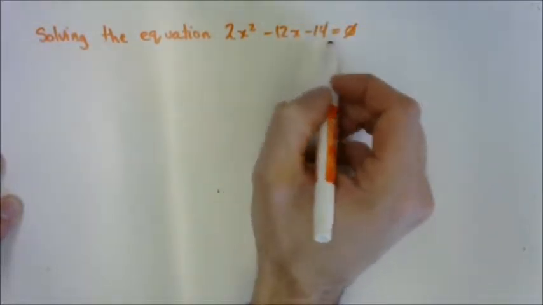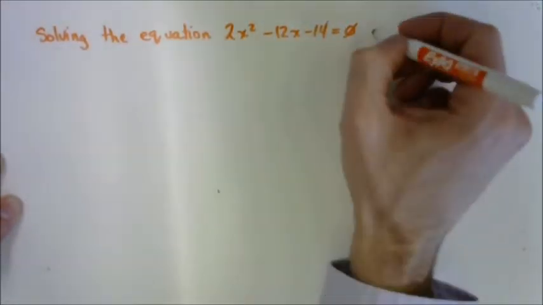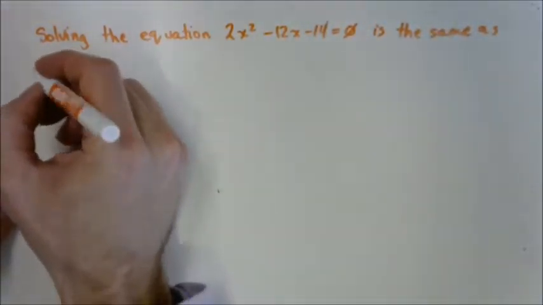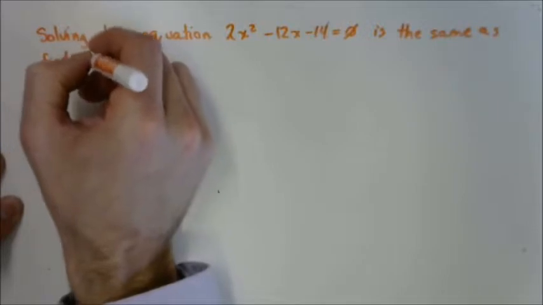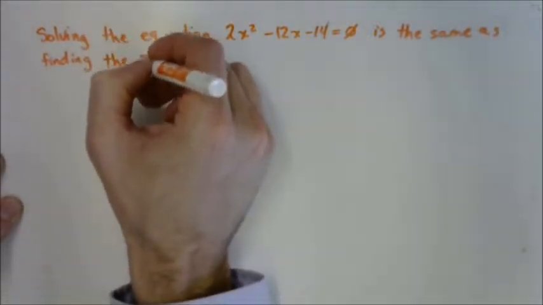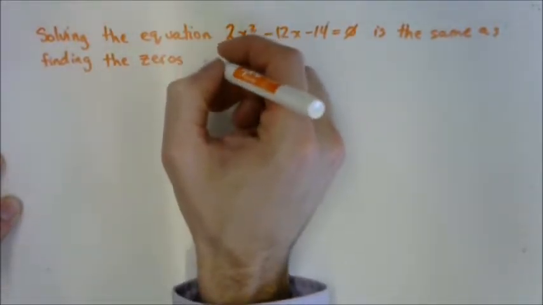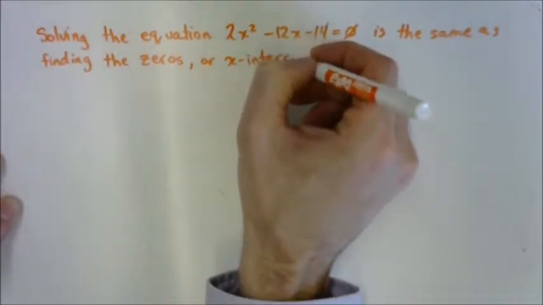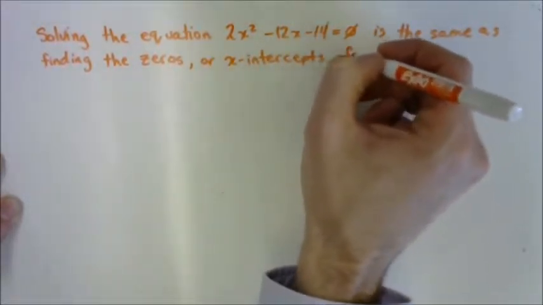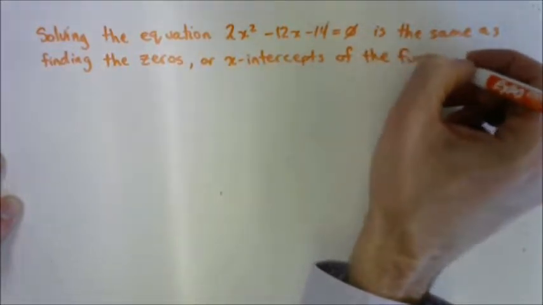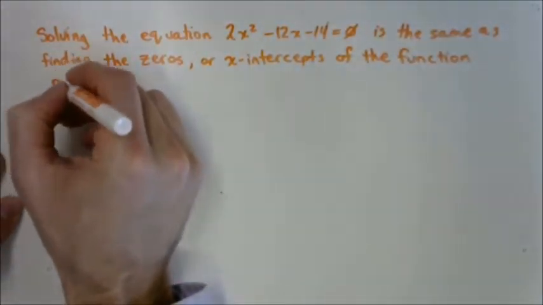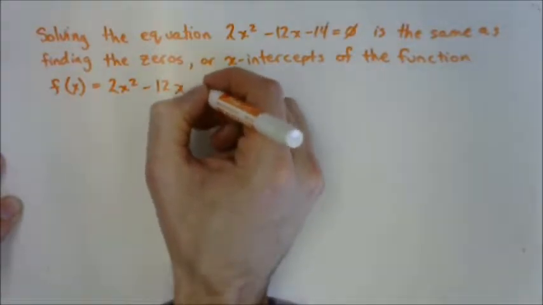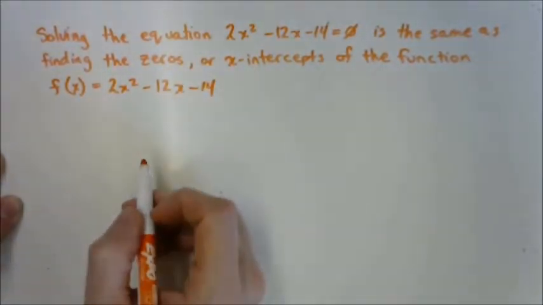It's an equation because it has an equal sign, something on the left, something on the right, is the same as finding the zeros or x-intercepts of the function f of x equals 2x squared minus 12x minus 14.